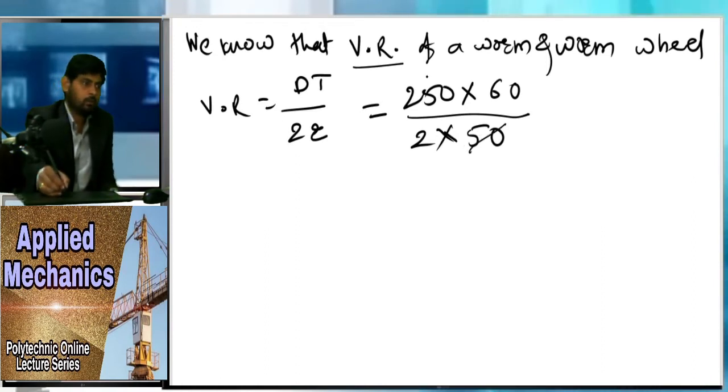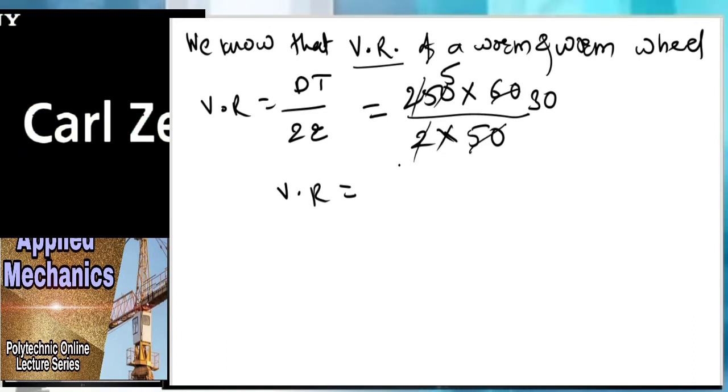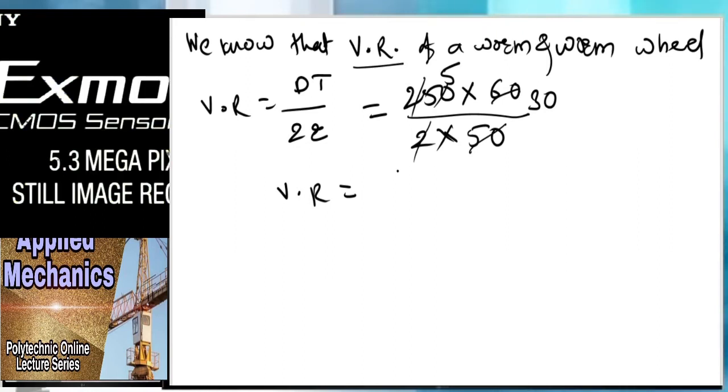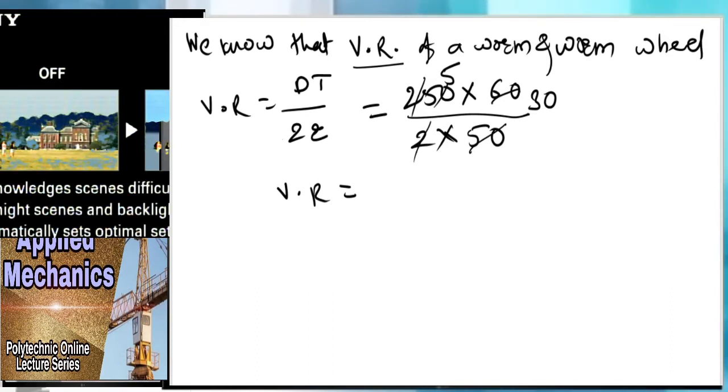Here the zeros will get cancelled, so 5 into 30. So the velocity ratio will be 75. Sorry, here you can see the formula.